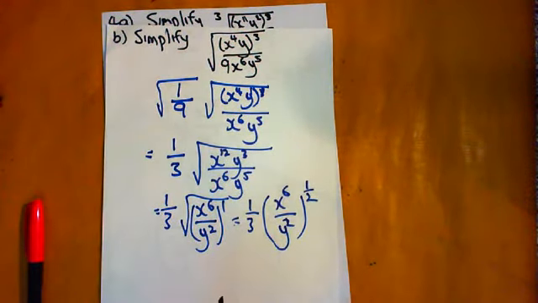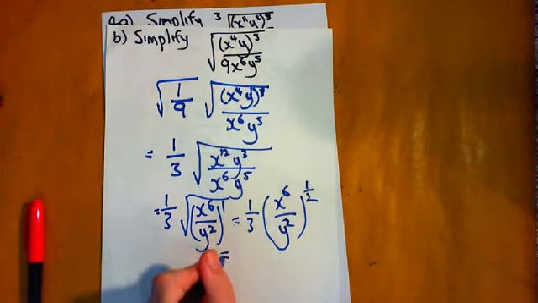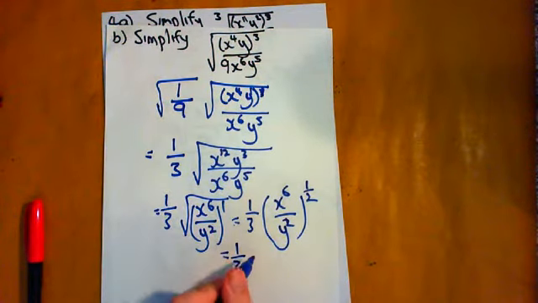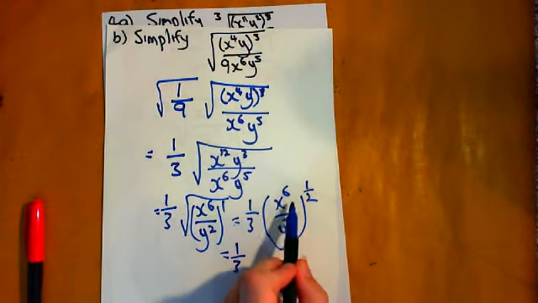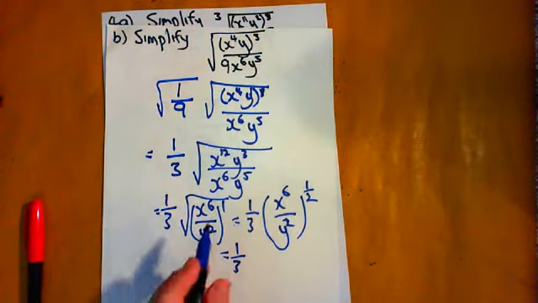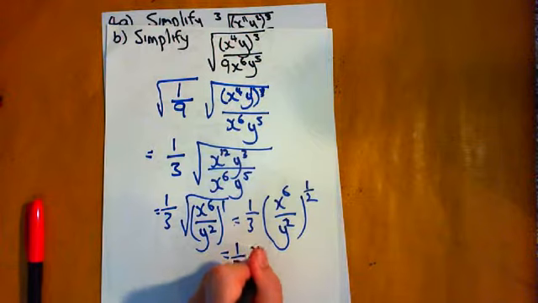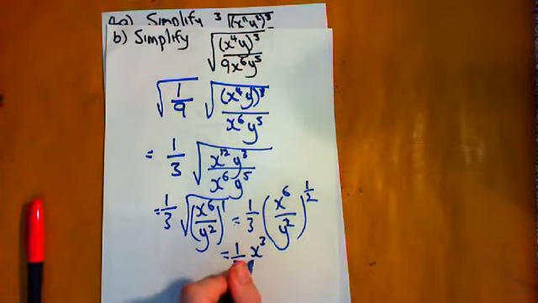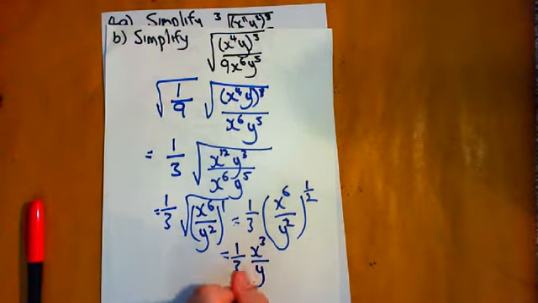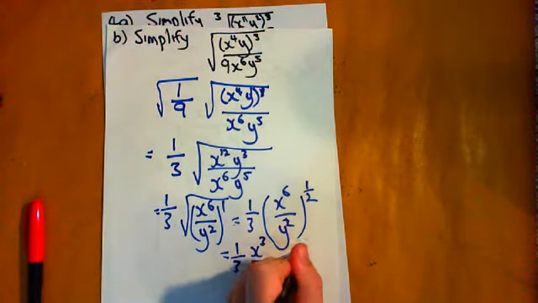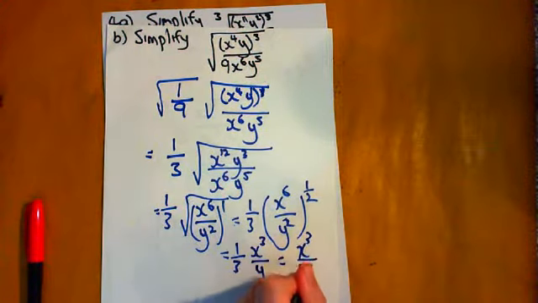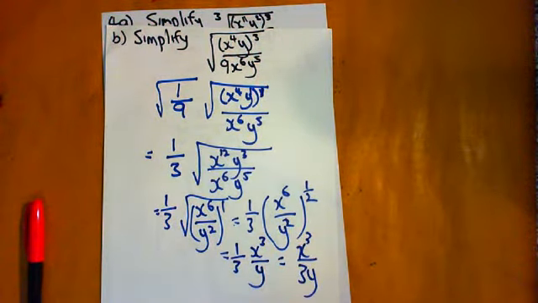Square root is the same thing as a power of 1/2. So that gives us 1/3 of, now when we multiply these powers, 6 times a half is 3, so this is going to be x to the 3 divided by y, or we could write this as x cubed divided by 3y as our final answer.